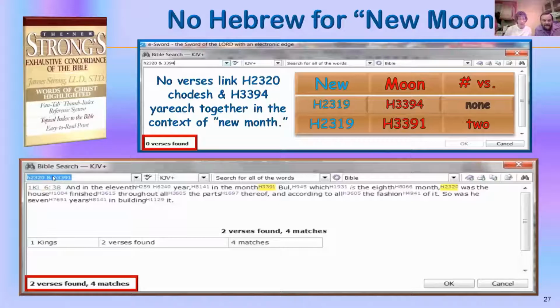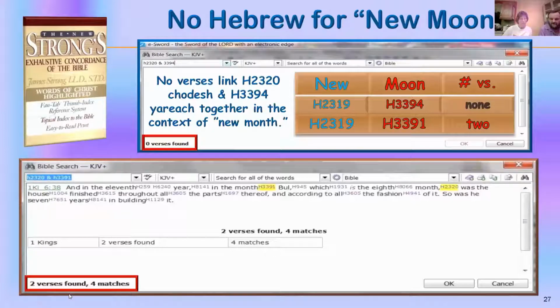When I looked at this verse, I'm thinking in the month, that's your 3391. Now the 3391 is your lunation month, but they've also got month is 2320 Kodesh. But I did not find anything in this verse, Tim, that says that this new month has anything to do with a festival month, indicating that it's beginning a festival month. Yes, there's nothing that I can see there either.